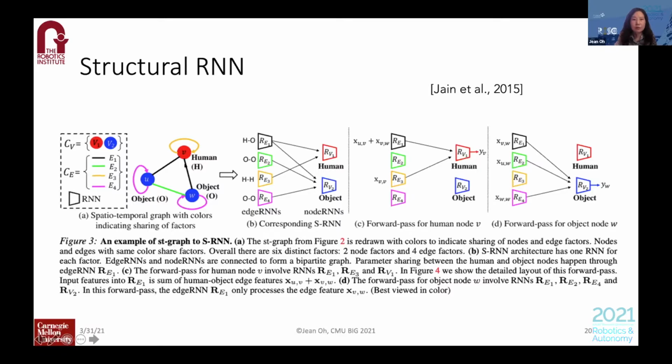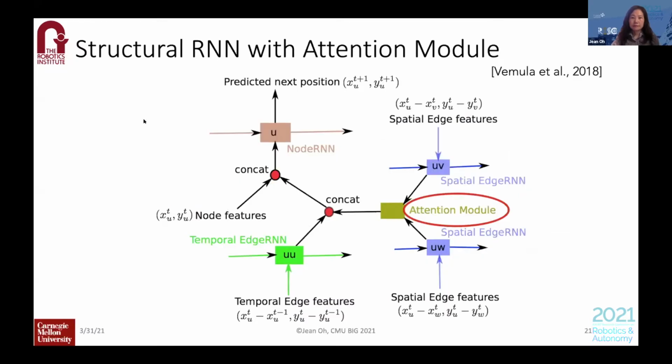There is a human node and an object node, and the edges represent the interaction between human and objects or objects and objects. Okay. And for social attention, we use this structural RNN to implement the idea of a spatial temporal graph for the pedestrian trajectories.